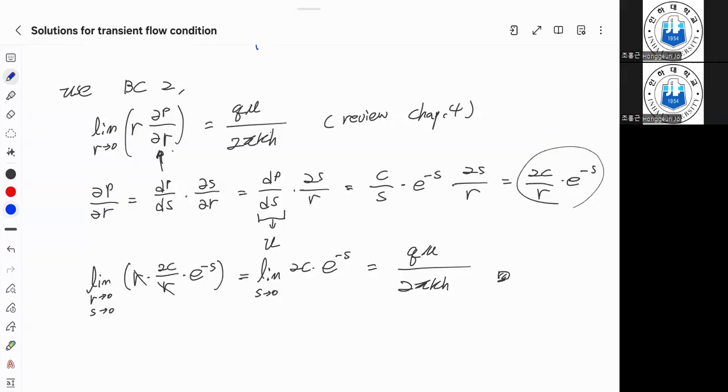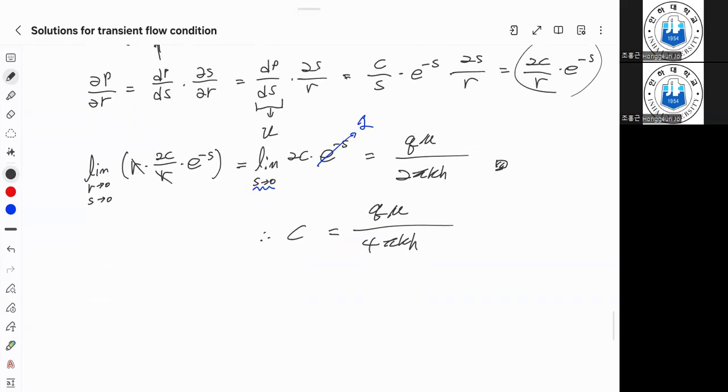And obviously when this S goes to 0, this one becomes 1. So we have C is equal to Q mu over 4 pi KH.